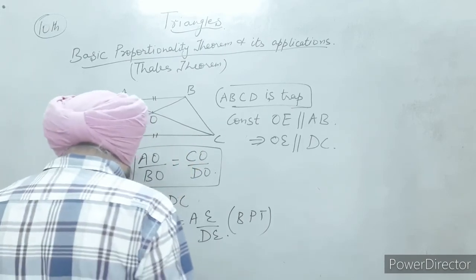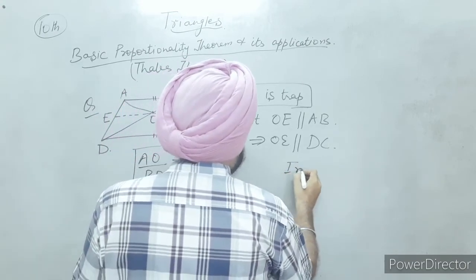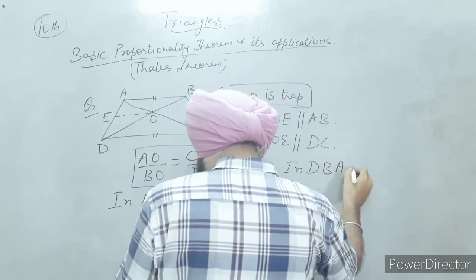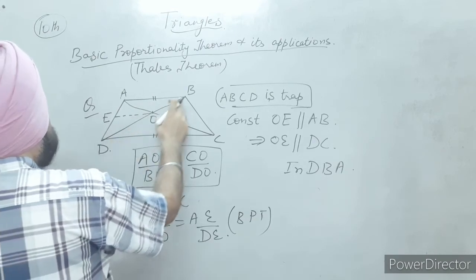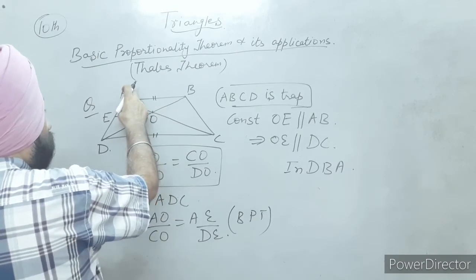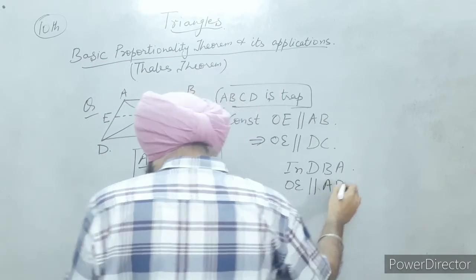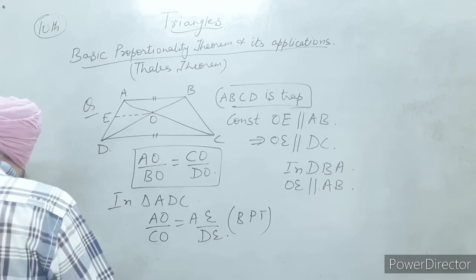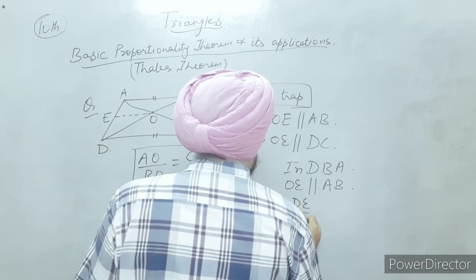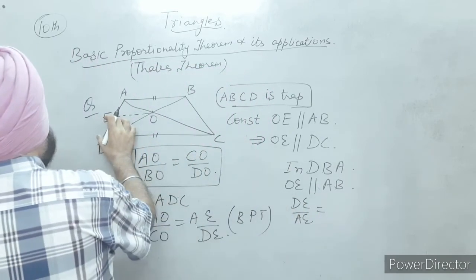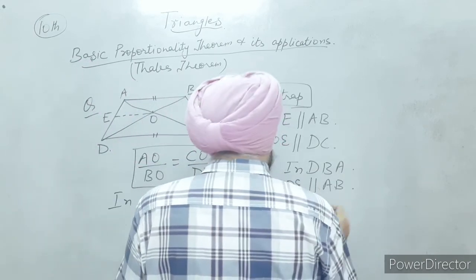Now take triangle DBA. In triangle DBA, OE is parallel to AB. Now I am taking this triangle. OE is parallel to AB, right? So take the ratio again. That is DE upon AE is equal to OD upon OB.